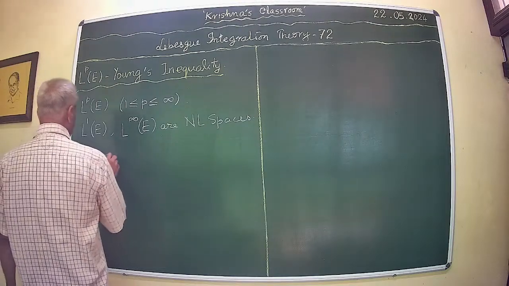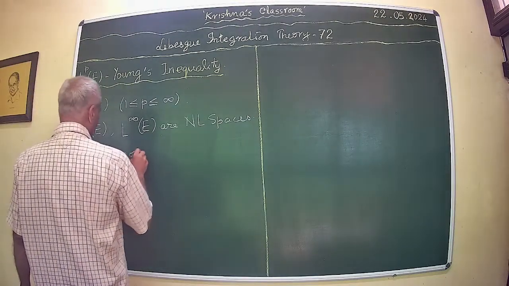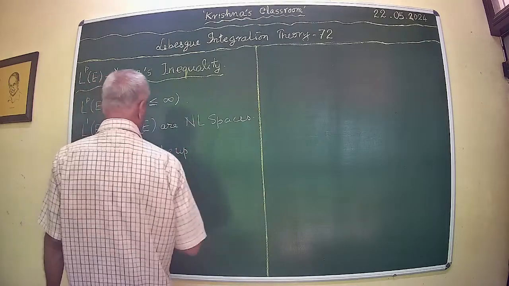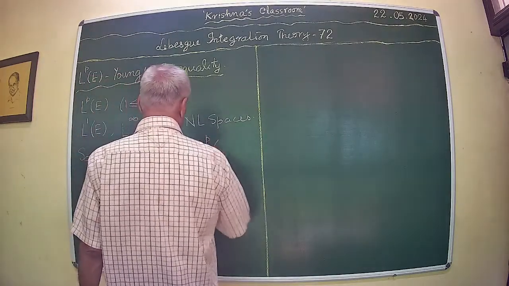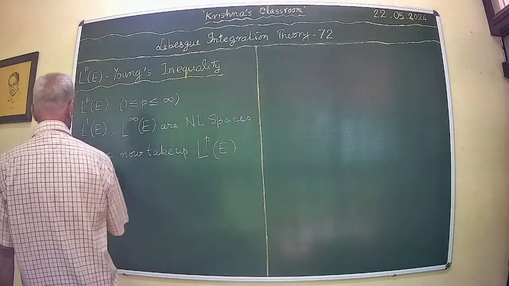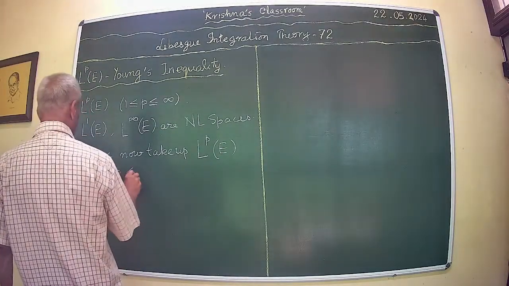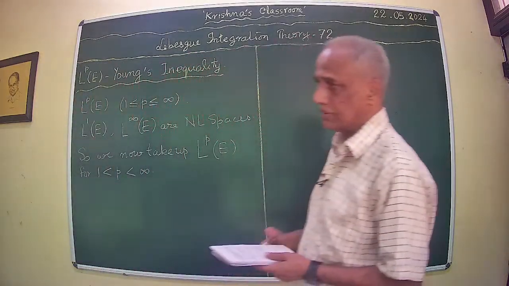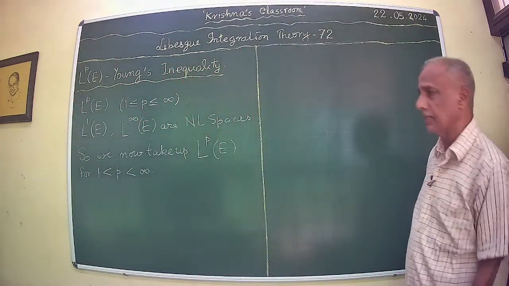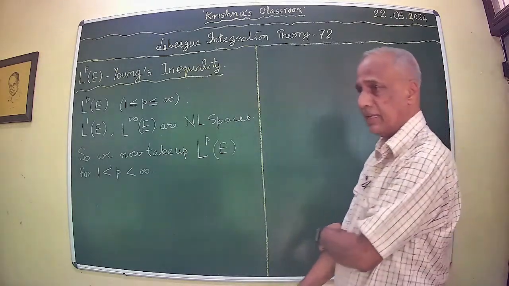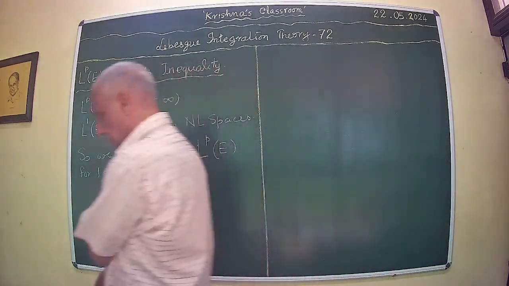We now take up LP for 1 < P < infinity. Recall that I made a statement in the beginning that it's not something very easy like in the case of L1E and L infinity.